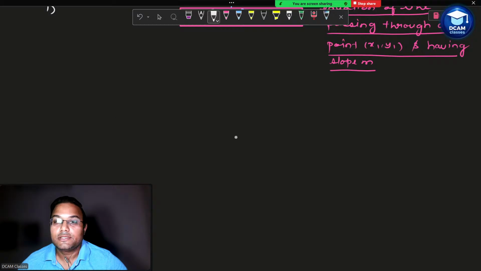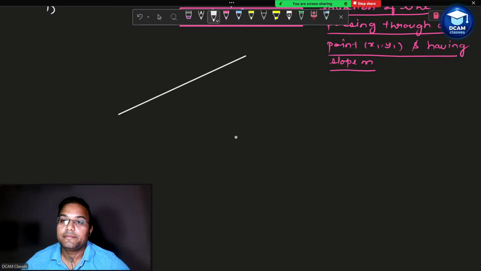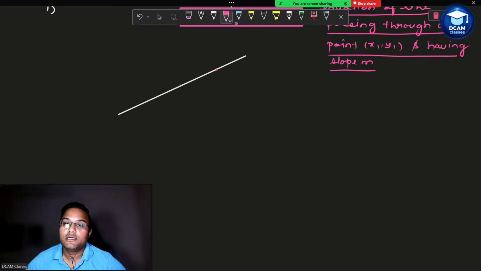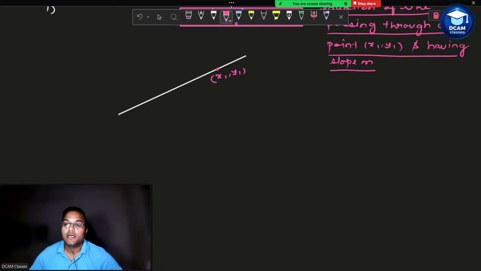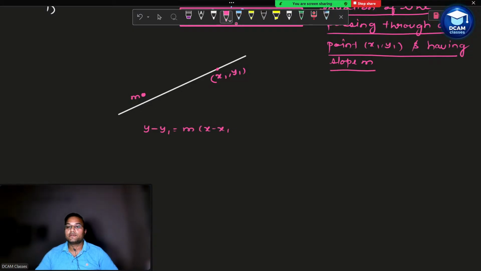Suppose you have a random line, on which there is a fixed point x1, y1, and its slope m is given, some value. And what will be the equation of this particular line? y minus y1 is equal to m into x minus x1. Okay? This is the first form.